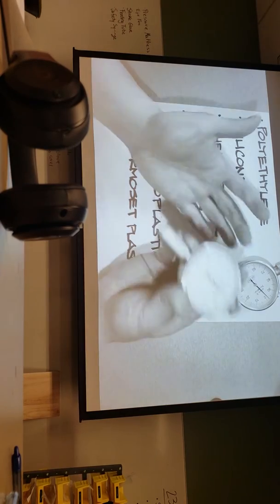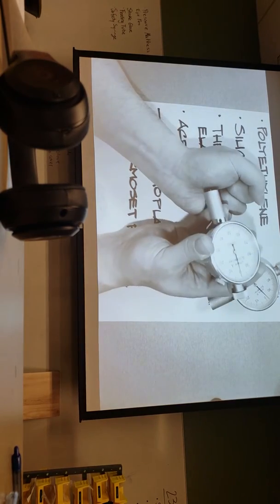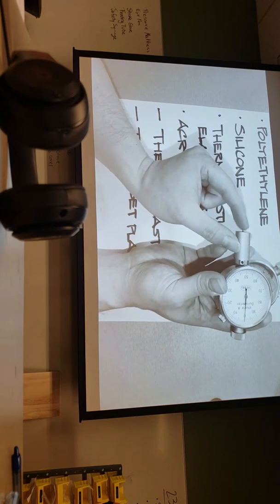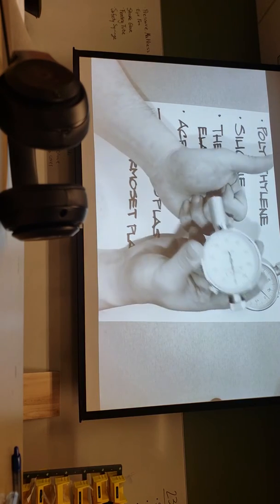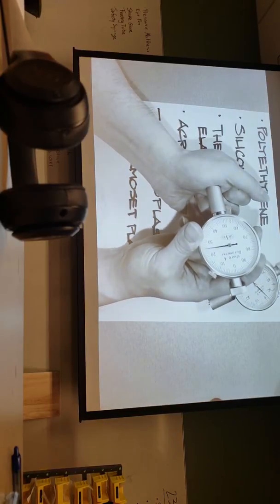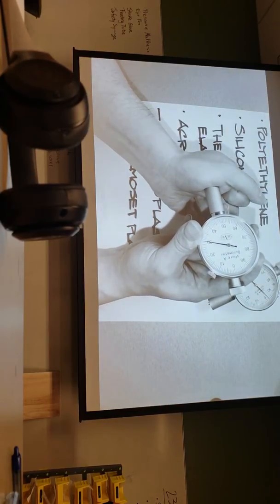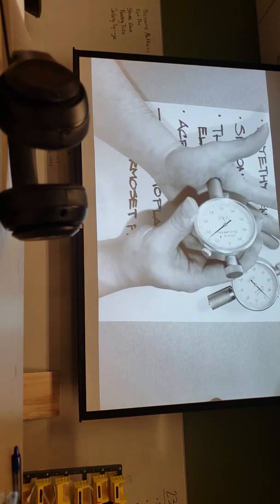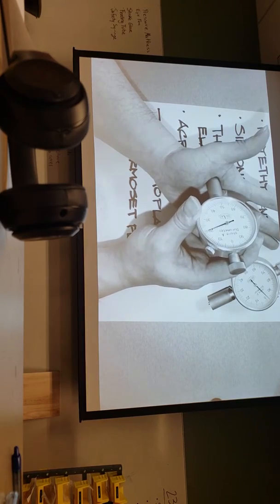Now, if you were doing something softer, make sure you get the right point, because this is a blunt point. So blunt Shore A's are meant to measure soft materials, so I can measure the shore durometer of my tensed up muscle here. It's about Shore A 30. And if it's loose, I can also measure that. It's about Shore A 20.